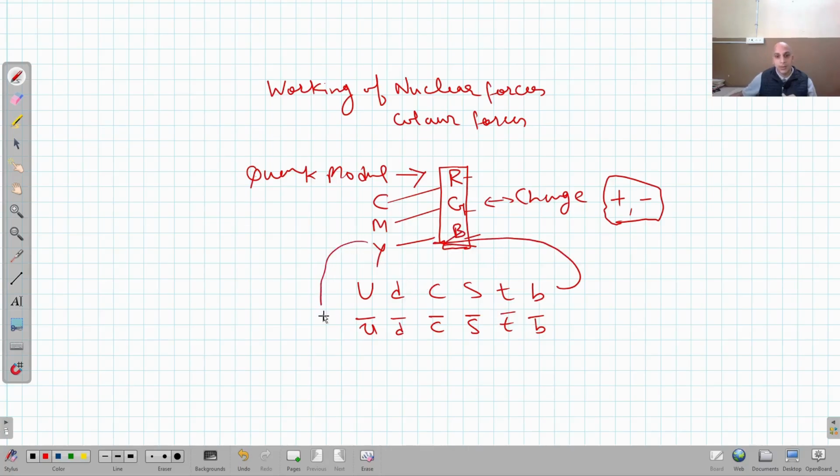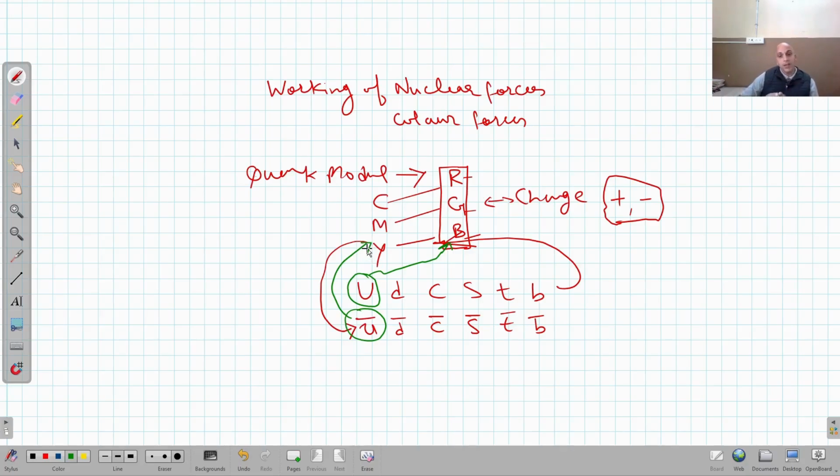I mean, if I talk about this up quark particularly, then this up quark can be in these 3 different colors, right? Similarly, if I talk about the anti-up quark, then it can be in these 3 anti-colors. This is the meaning of it, right?